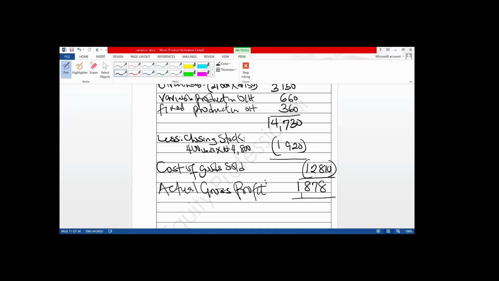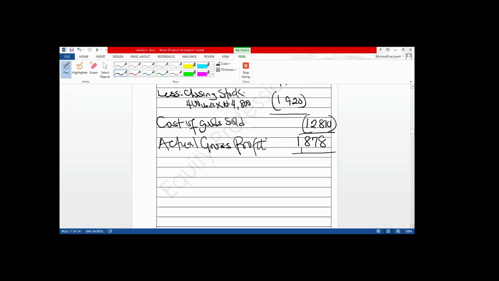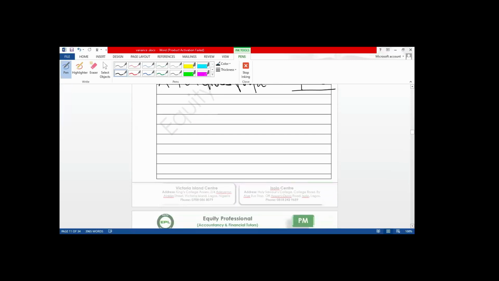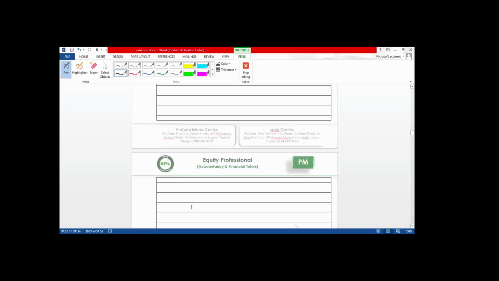We can now move to that variance analysis. The formula we have explained, that is what we are going to use now. We can leave that space.